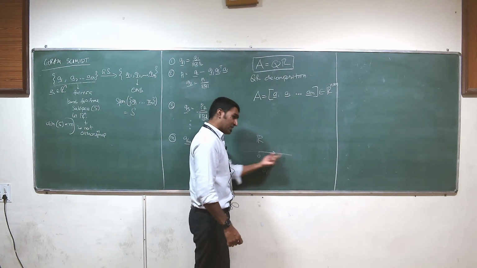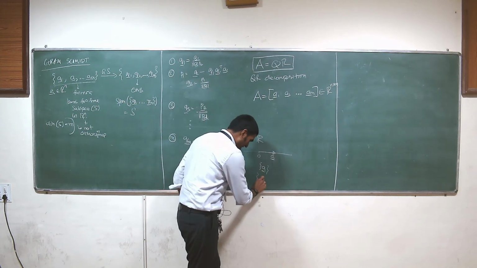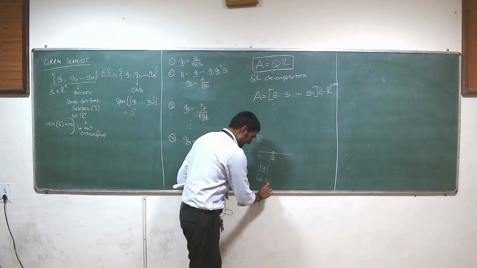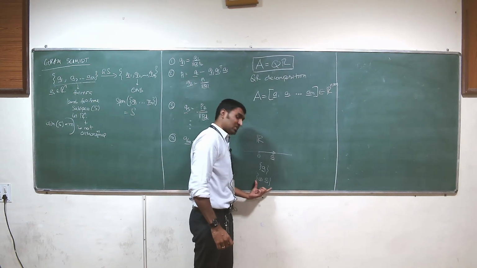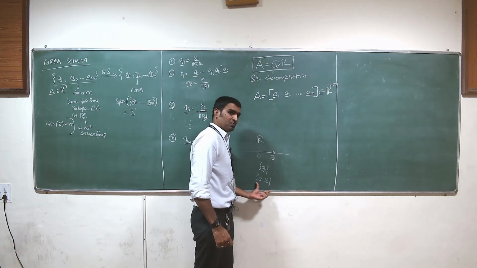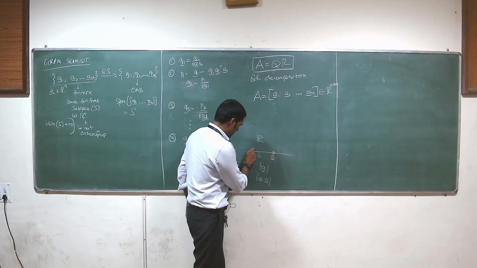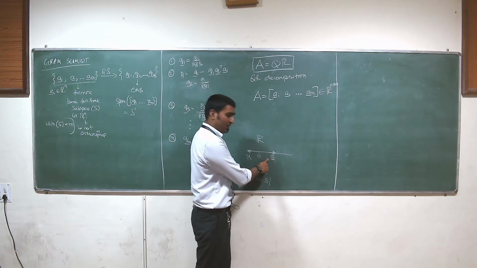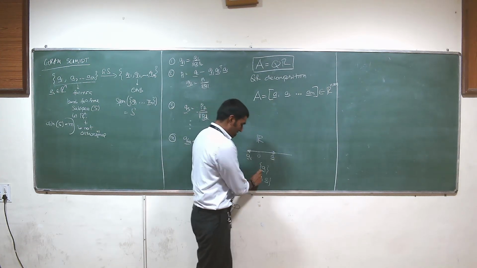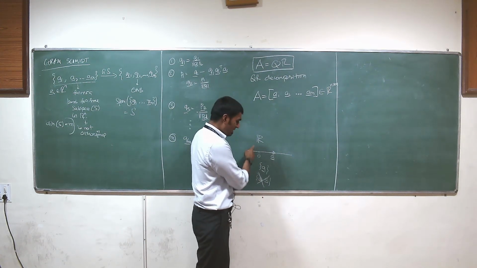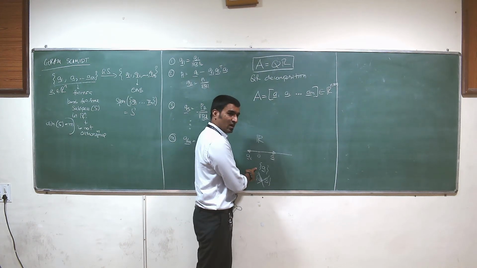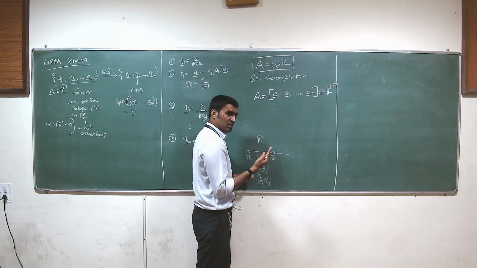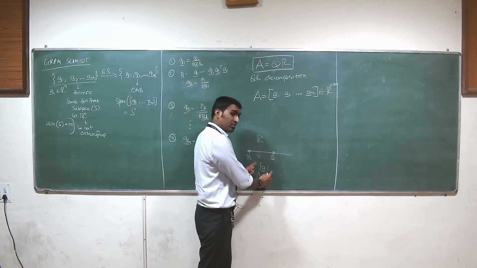Can I choose one more vector from the real line and form another set, A1, A2, such that this set is still linearly independent? No, because if I choose another one, I can express A2 as a linear combination of A1. That means this is not a linearly independent set. So with R1, I can only have a set with one non-zero vector such that the set remains linearly independent.